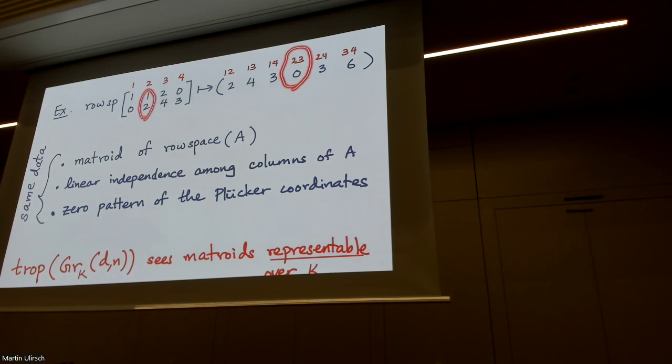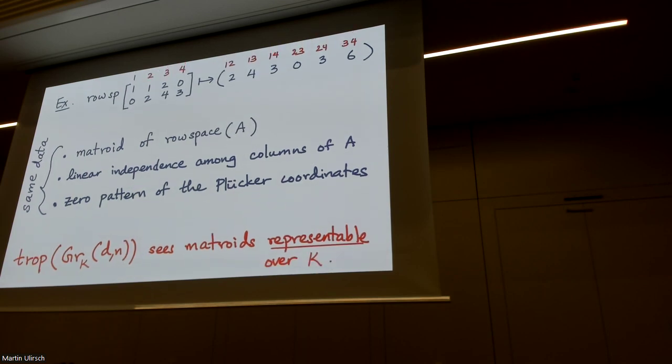That means these two vectors are linearly dependent, and every other pair is linearly independent because those coordinates are non-zero. So the zero pattern of Plücker coordinates gives you the matroid. And a tropical variety sees the zero patterns. So the tropicalization of the Grassmannian sees all the matroids representable over the given field.